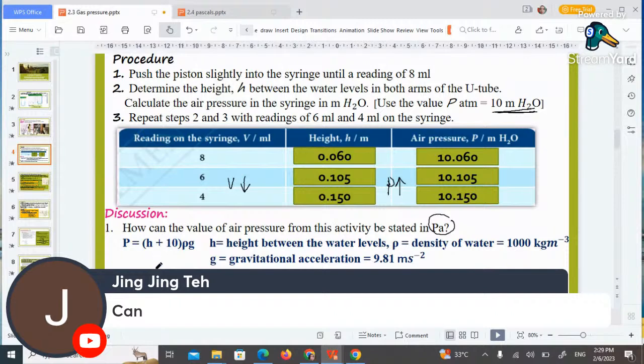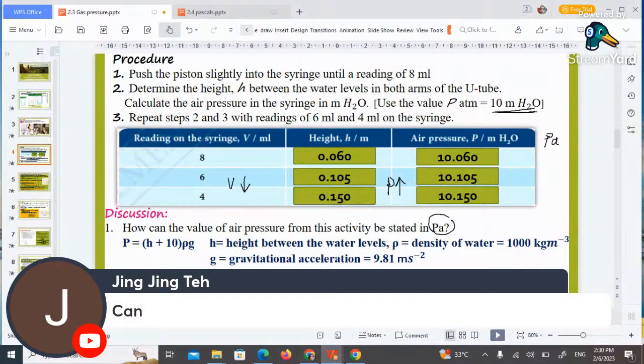For this activity, H is the height between the water levels, rho is density, g is gravitational acceleration. So we can convert to Pascal. You can put one more column here, calculate in Pascal.